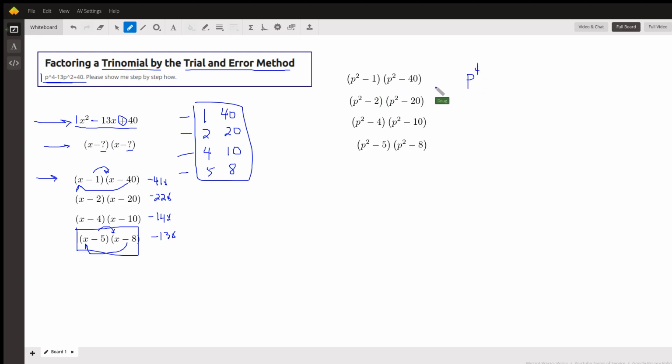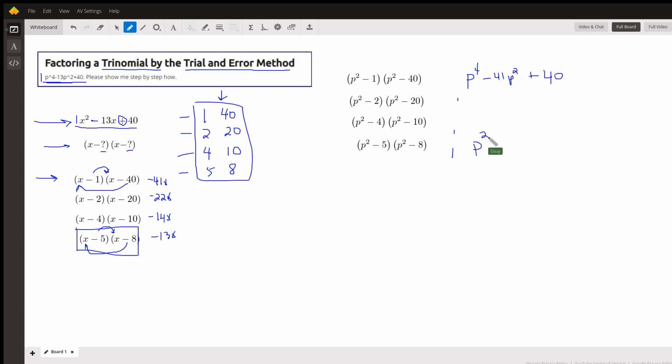We still want to end up with the plus 40 at the end. So we're going to try the same set of pairs here. And we'll still get an outer product plus an inner product of negative 41p squared. Not what we want.